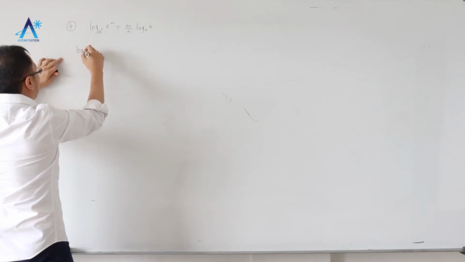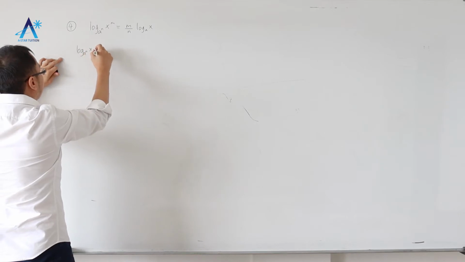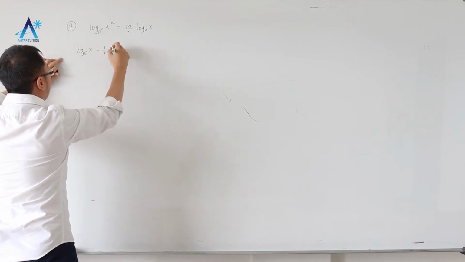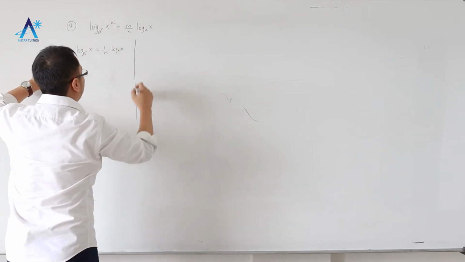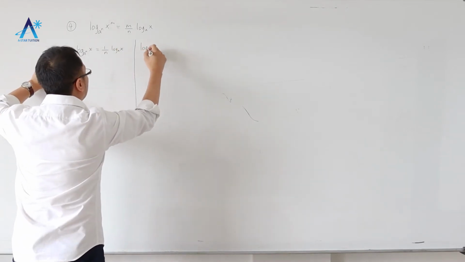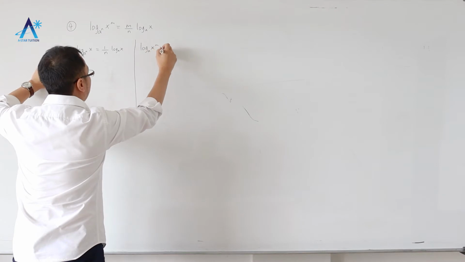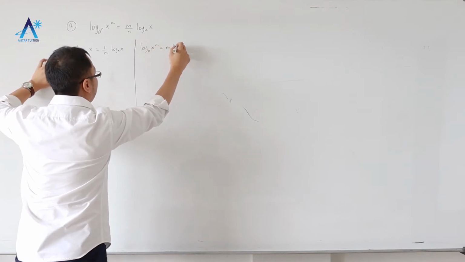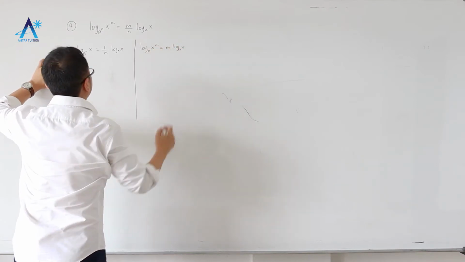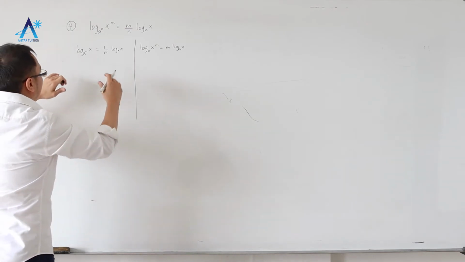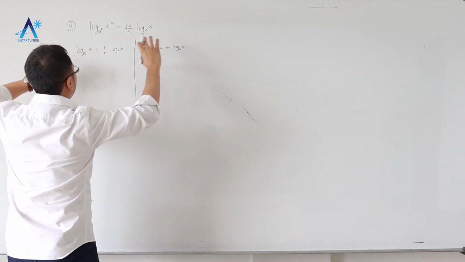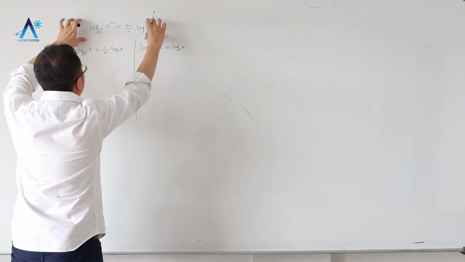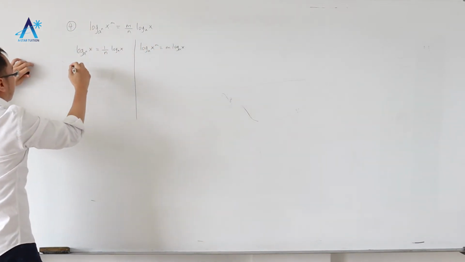The first is log base a to the power n of x, which is equal to 1 over n times log base a of x, and the second one, log base a of x to the power m, which is equal to m times log base a of x. Once we successfully prove these two, then we have automatically verified the above equation.